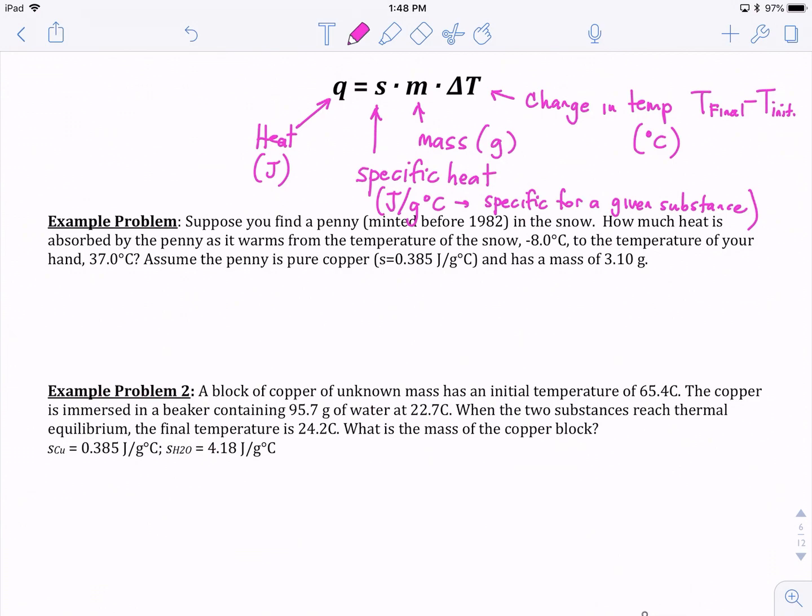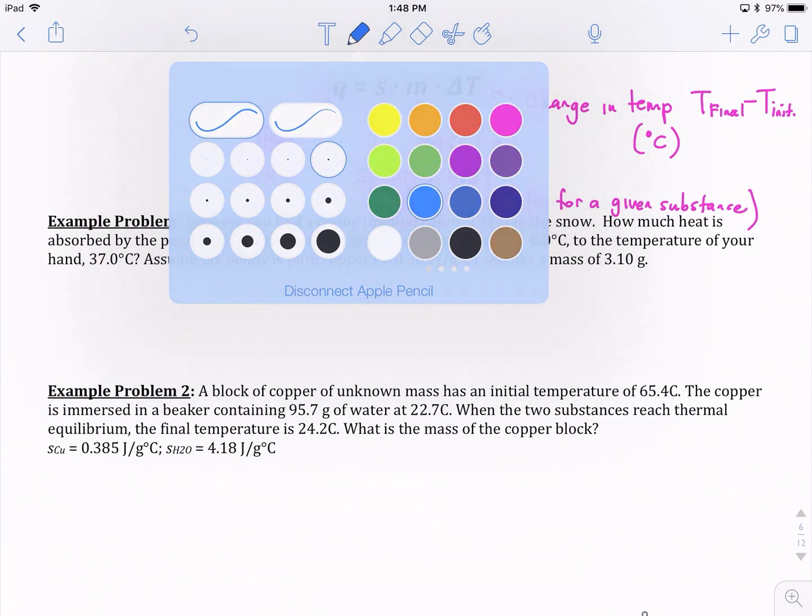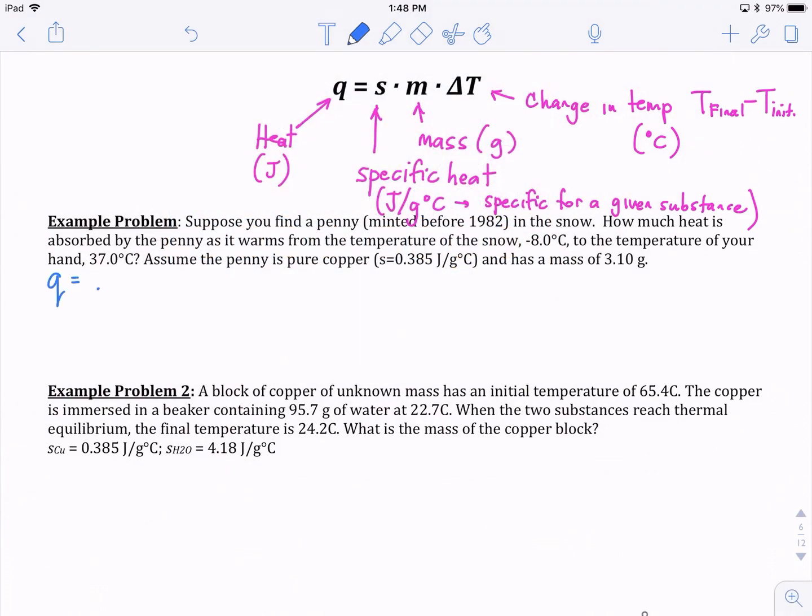So if we think about the things we know here, we want to know heat, which is our Q. We have a specific heat of copper. It's going to take 0.385 joules of energy to raise every gram of copper by a degree. According to the problem, we have a penny, which has a mass of 3.10 grams.